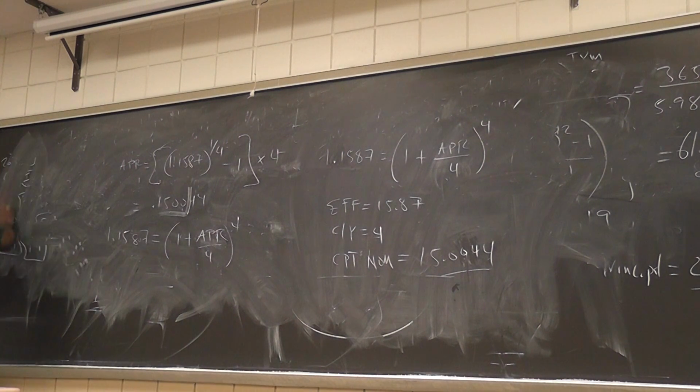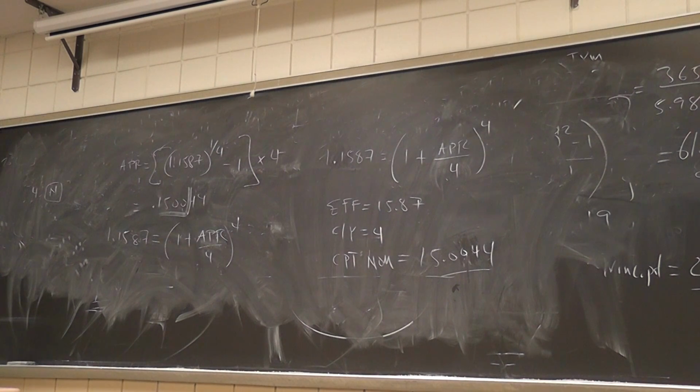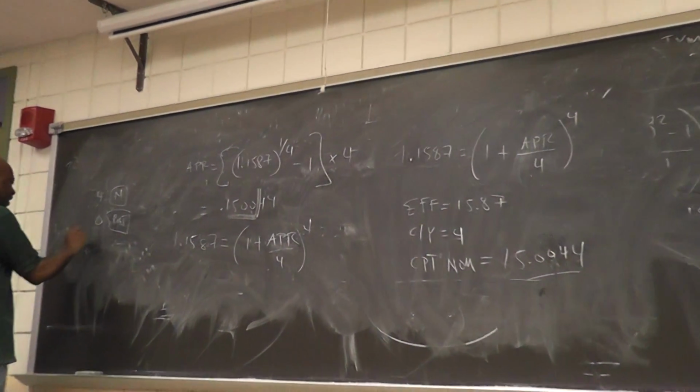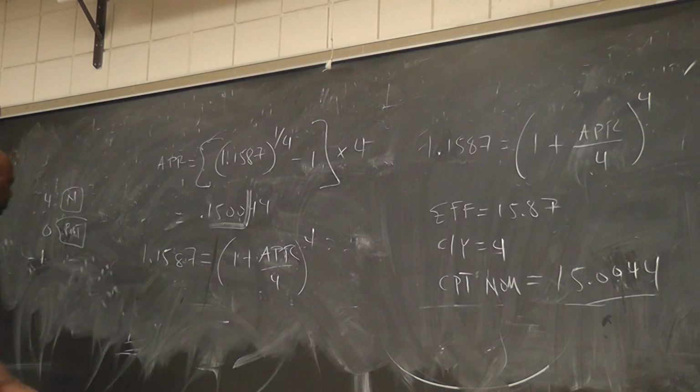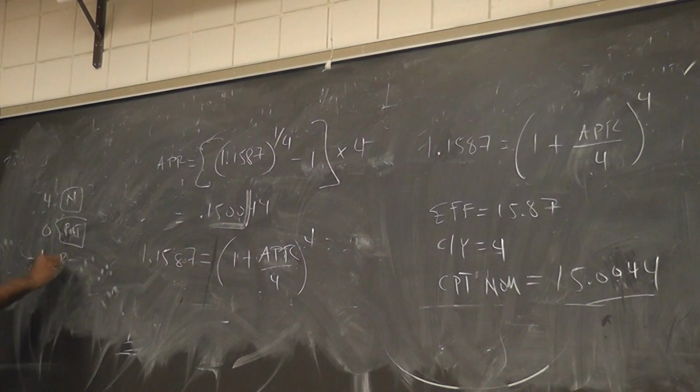I'm going to say that 4 is my N, 0 is my PMT, and -1, because of the 1 that I have here, is my PV. Does that make sense?